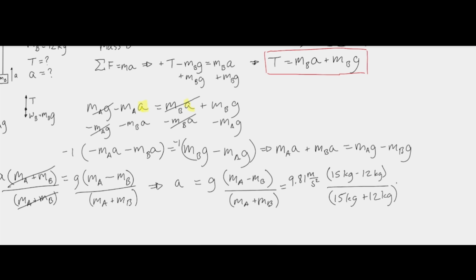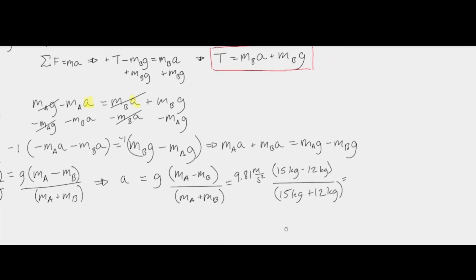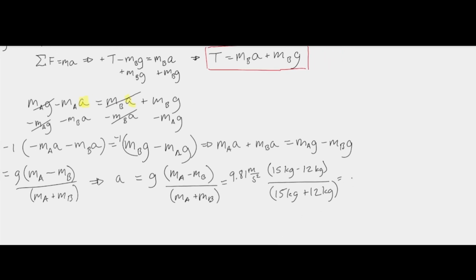And so I can simplify this further. I have 9.81 meters per second squared. And the top is 15 kilograms minus 12 kilograms. Well, that is 3 kilograms. And the denominator here, we have 15 kilograms plus 12 kilograms.